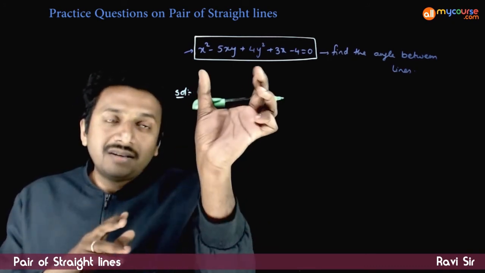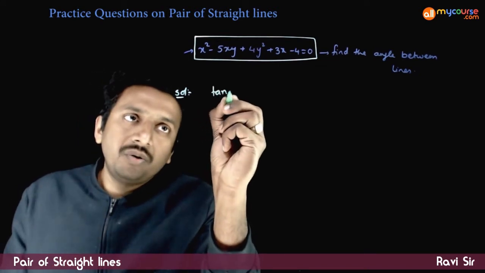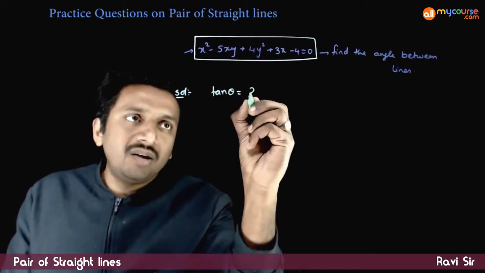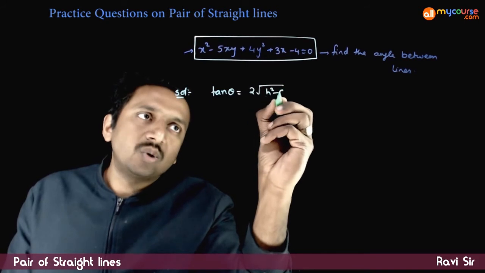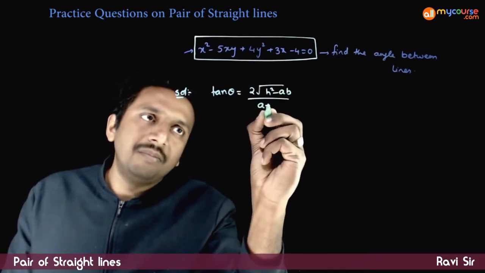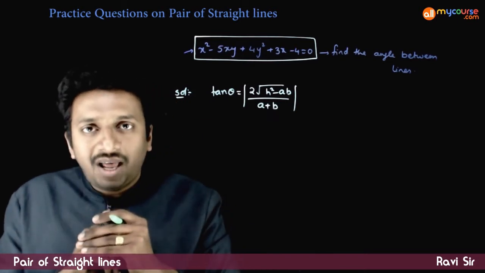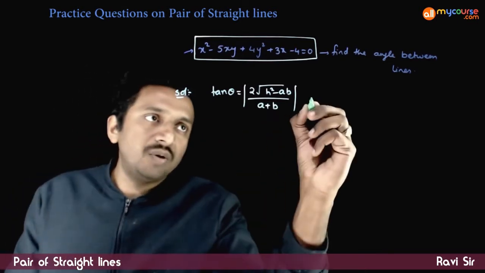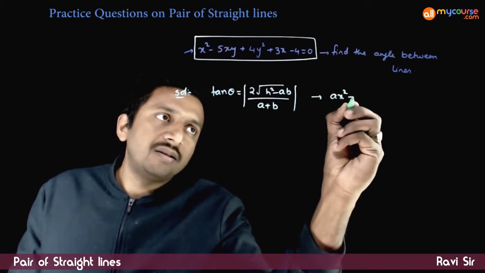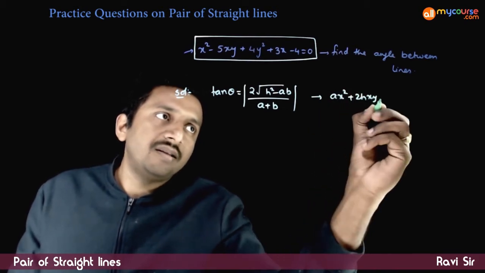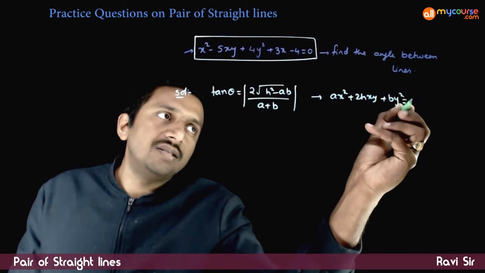So we know that tan θ = 2√(h² − ab)/(a + b). This is the formula for the angle between the lines in a homogeneous equation ax² + 2hxy + by² = 0.